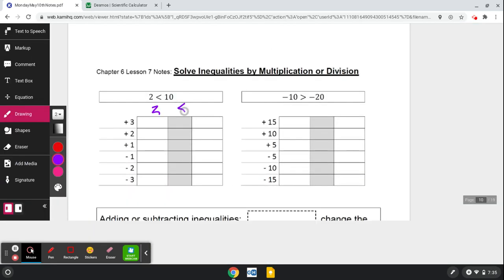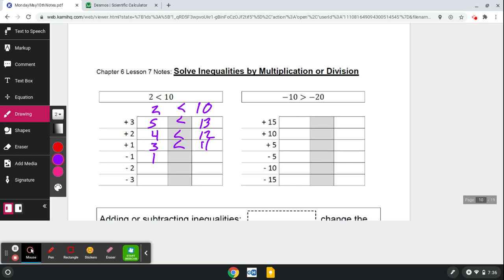2 is less than 10. If I add 3 to both of these, this becomes 5 is less than 13. Add 2 to it, you get 4 is less than 12. 3 is less than 11.